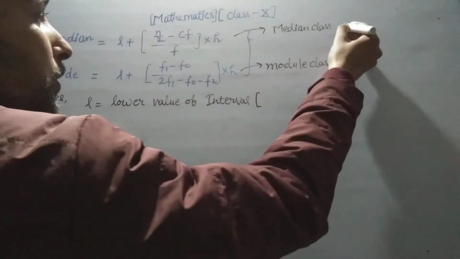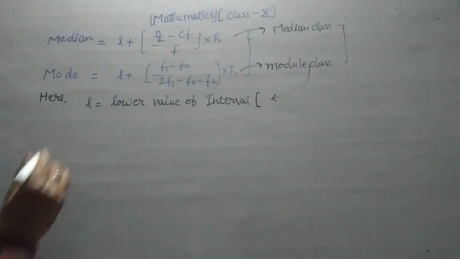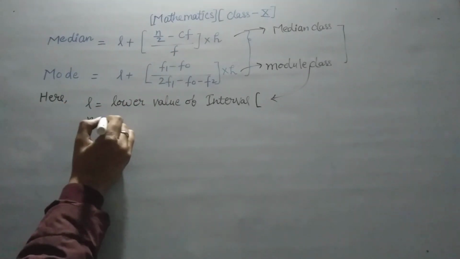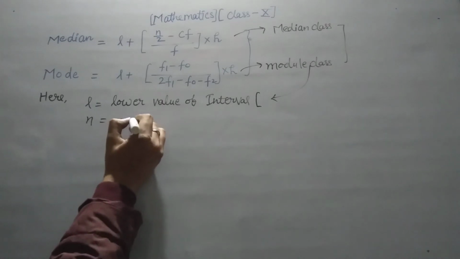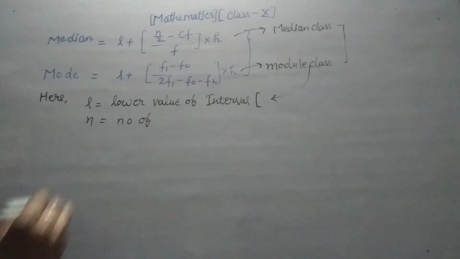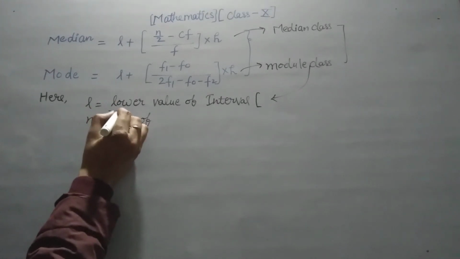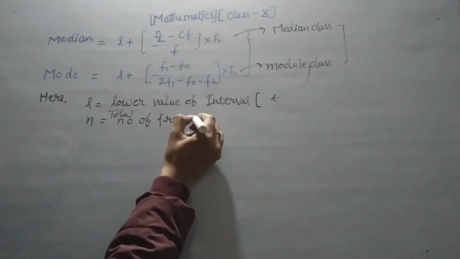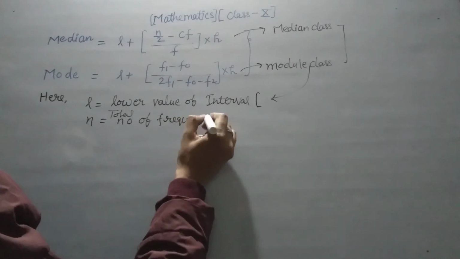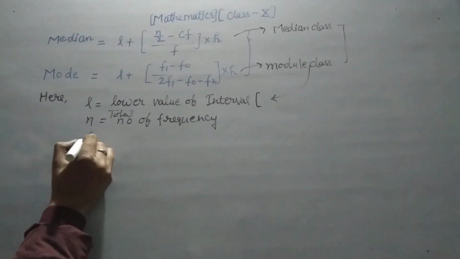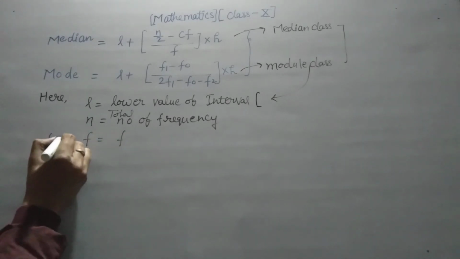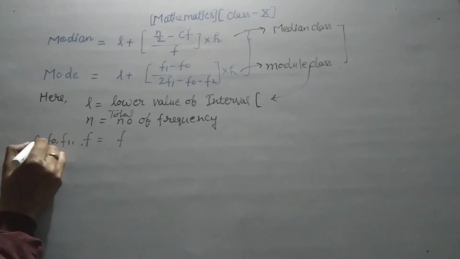So you have to use these two classes here. Then what is the meaning of n? n is the total number of frequencies. F is for frequency, or you can say F0, F1 and F2.